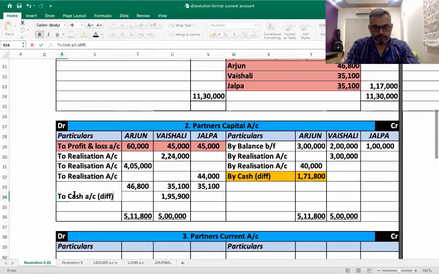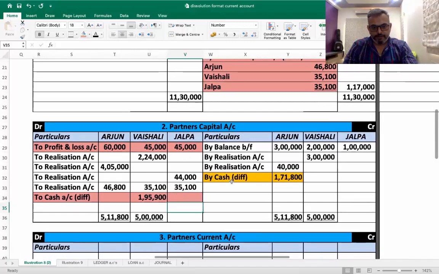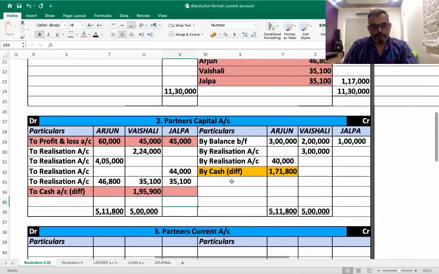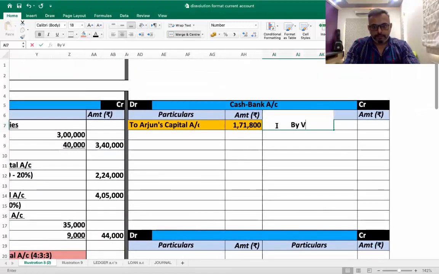Difference. Give the second effect: partner's capital account debit, so cash account credit. Vaishali's capital account.